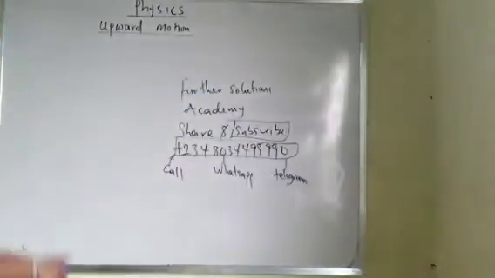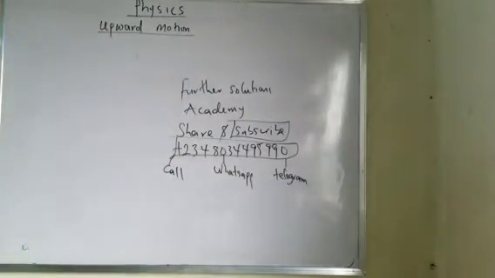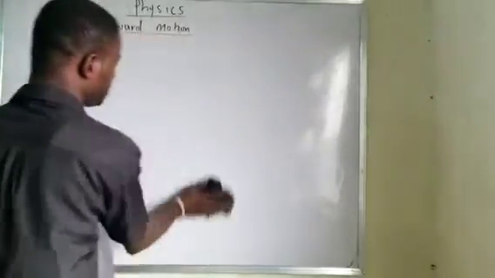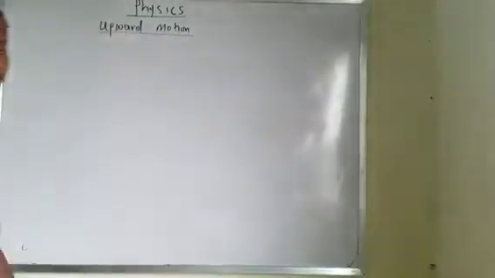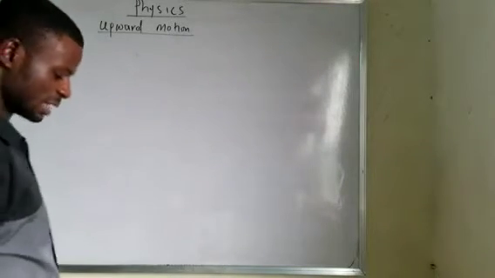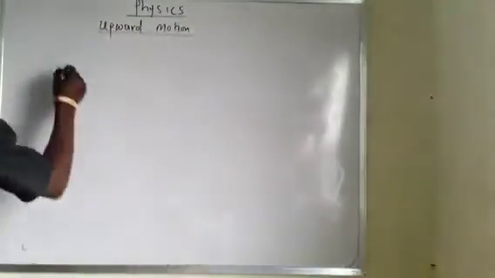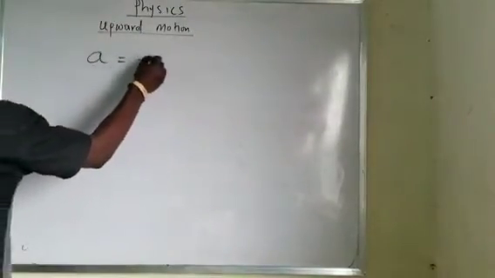Okay, we're on physics and we're on upward motion. We are on motion, speed, acceleration, velocity. When we're talking about upward motion, it means the thing is moving against acceleration, so my acceleration is equal to minus g.